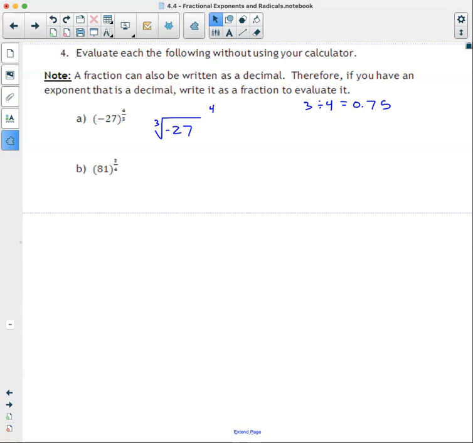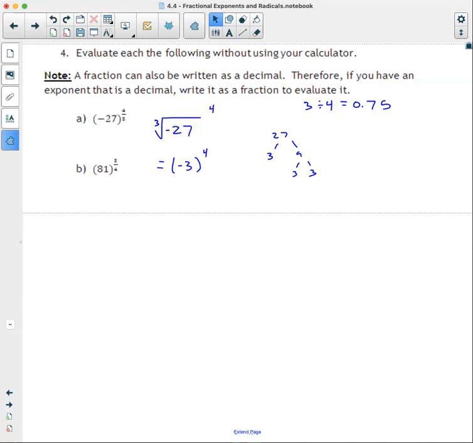Okay, so when it's a negative, you can just kind of leave it outside for a minute. Okay, don't forget about it. But leave it outside when you're doing your factor tree. Okay, so 27 breaks down to 3 and 9, and 3 and 3. So the cube root of negative 27 is equal to negative 3 to the exponent 4.